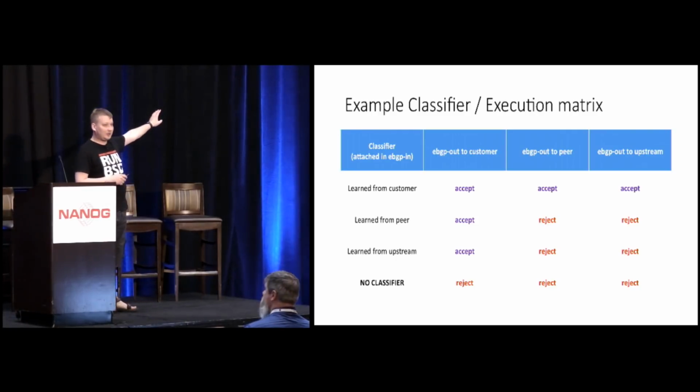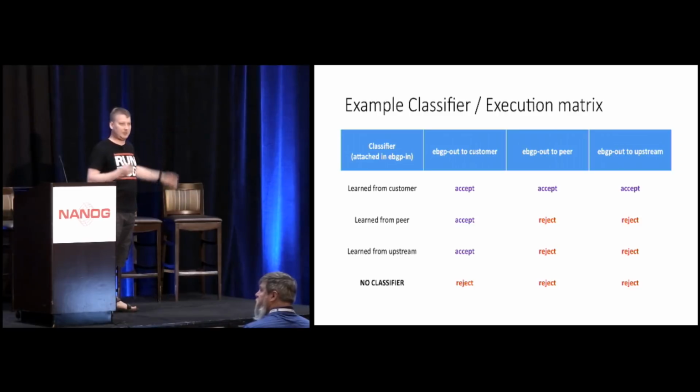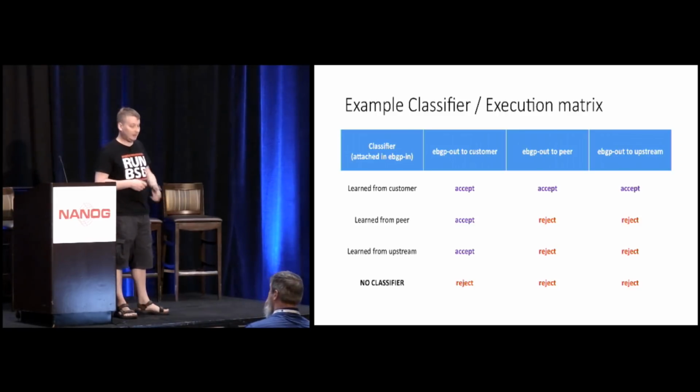So from customer to customer, the execution will be pass if it matches the community that represents customers. If it's to a peer, we'll pass. If it's to the upstream and it comes from a customer, so we match on the BGP community that says this is a customer route, okay, we announce that to our upstream.